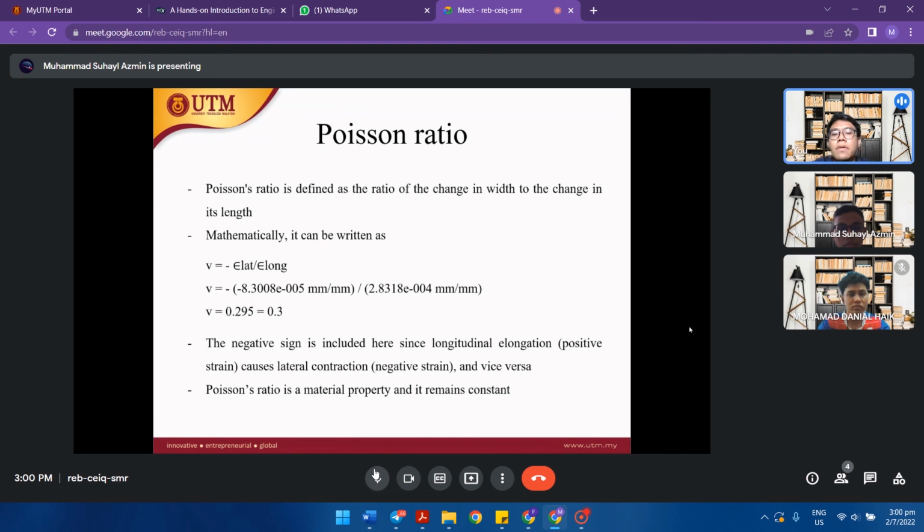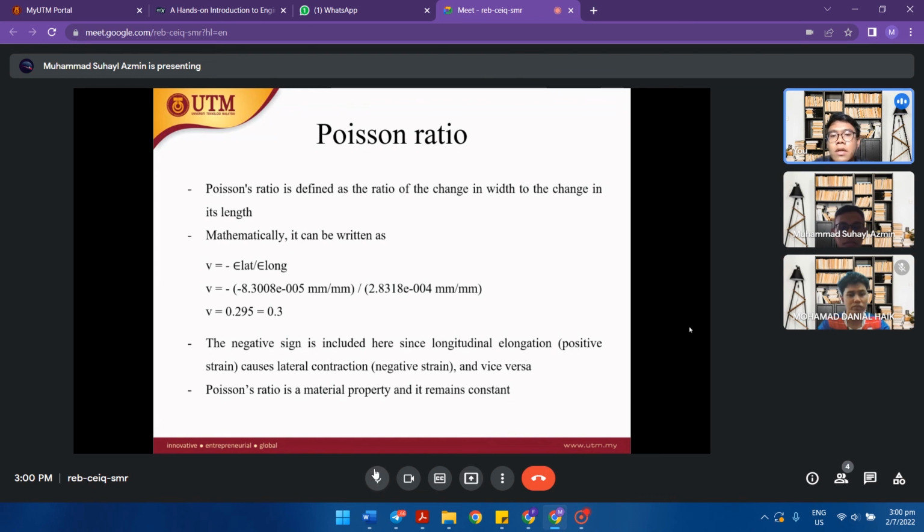For example, if a rubber band is stretched, it can be noted that both the thickness and width of the band decrease. Mathematically, it can be written as lateral contraction, which is strain in y direction, divided by longitudinal elongation, which is strain in x direction.